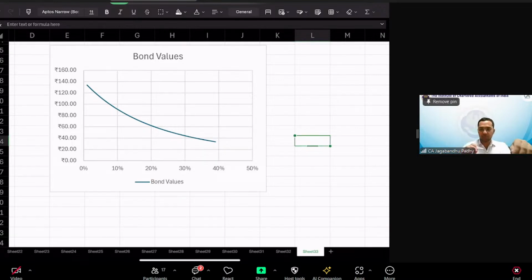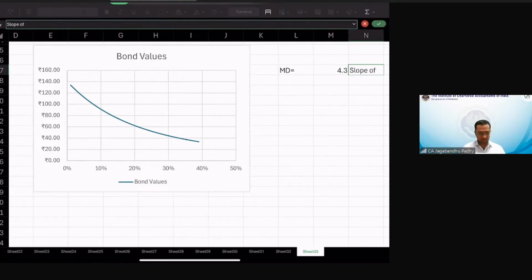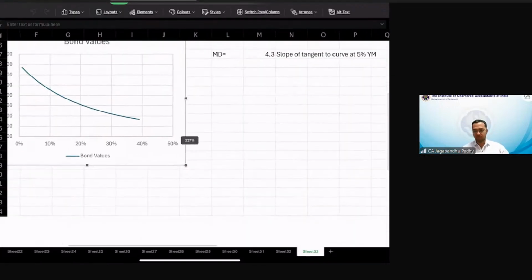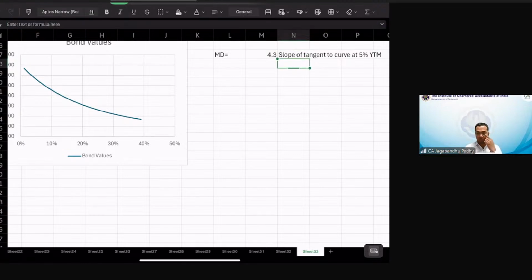So it's like we are at 5%. The slope of the curve is nothing but the slope of the tangent. So when you say modified duration, this modified duration of 4.3 is actually the slope of the tangent to the curve at 5% YTM.